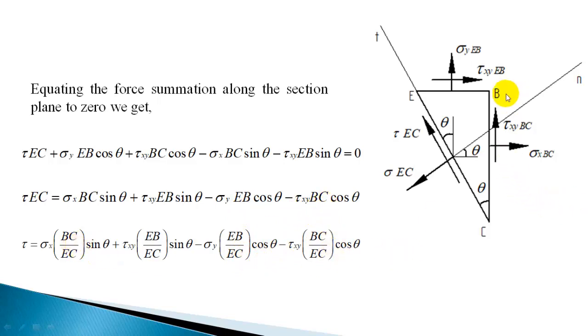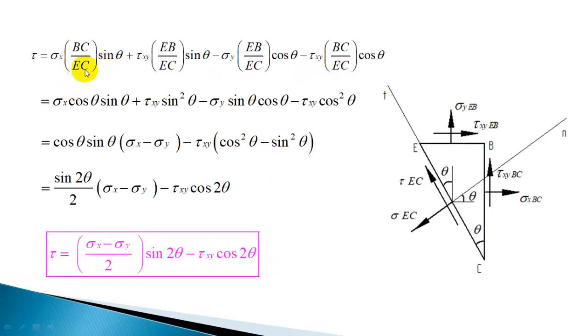Now you can replace BC by EC as cos theta and EB by EC as sin theta. Replacing these, you get sigma x cos theta sin theta plus tau xy sin theta into sin theta, sin square theta, minus sigma y sin theta cos theta minus tau xy, BC by EC is cos theta, so tau xy cos square theta.